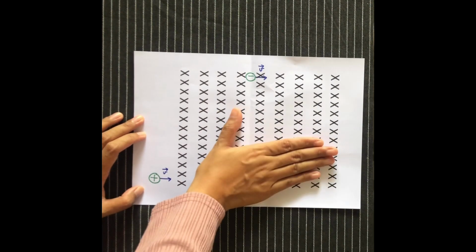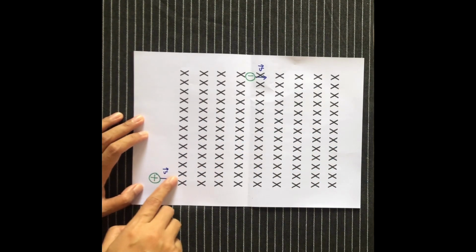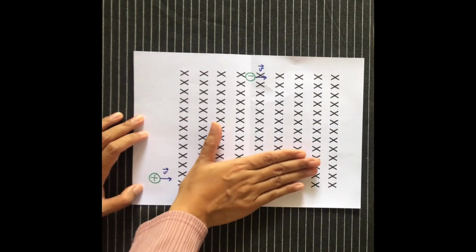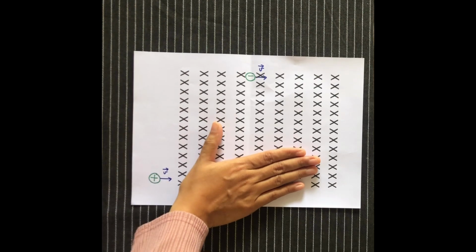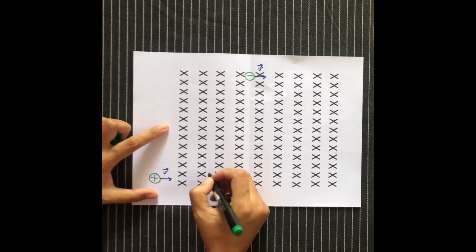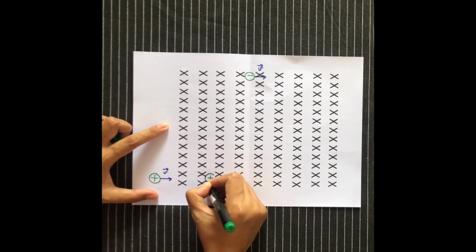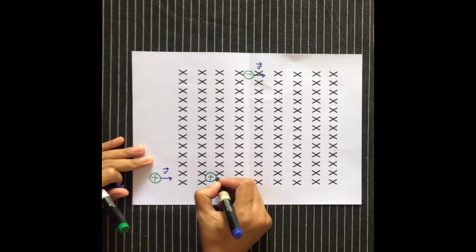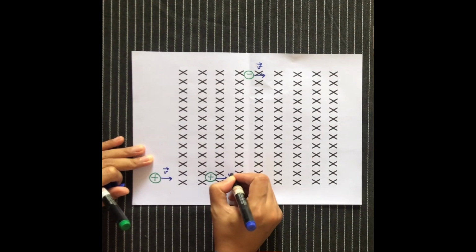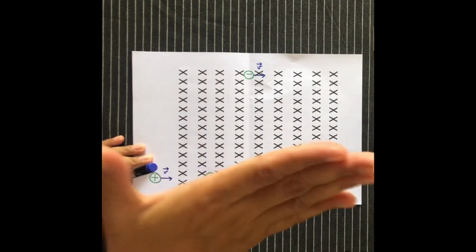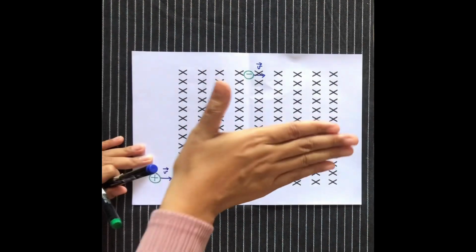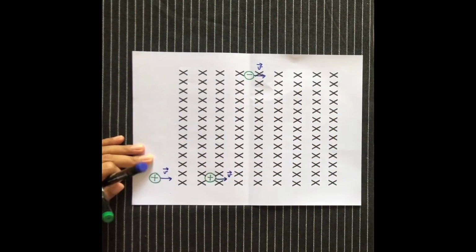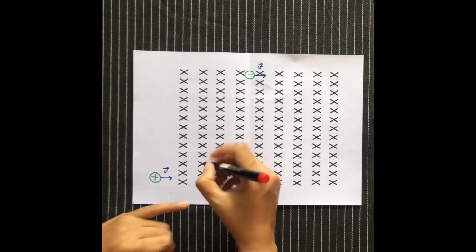So palm kita into the page, velocity kita ke kanan, so tangan kita, 4 jari kita ke kanan, dan our thumb akan jadi force. Okay, so that's why bila charge kita berada di sini, velocity ke kanan, dan by using right hand palm rule, B ke dalam, velocity ke kanan, force akan ke atas. So magnetic force akan berada ke atas.